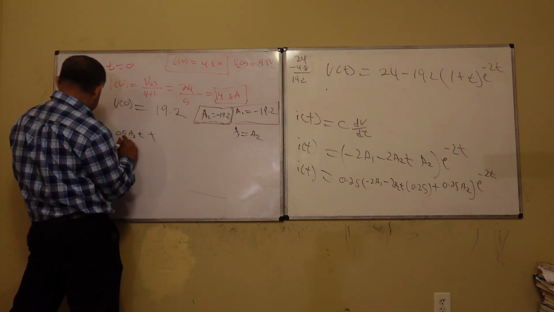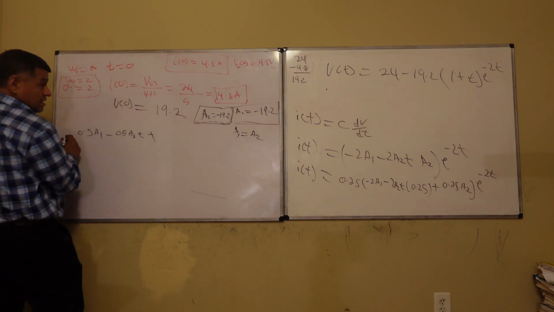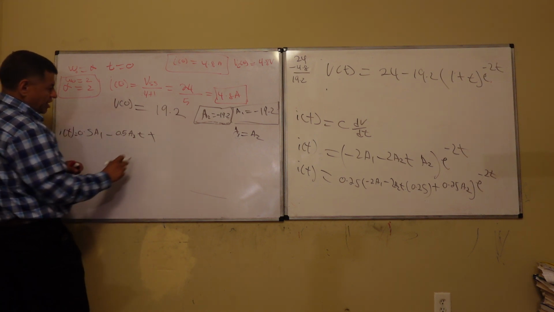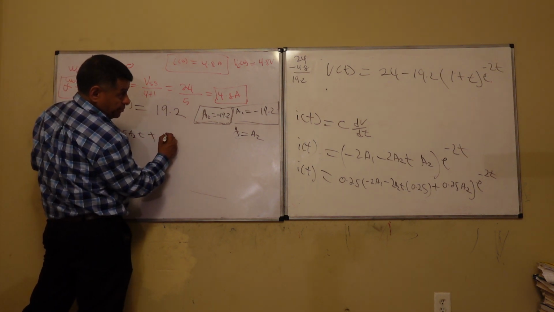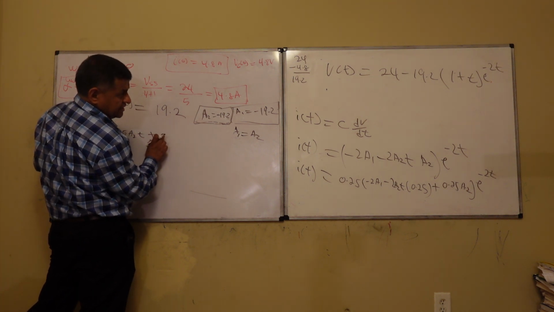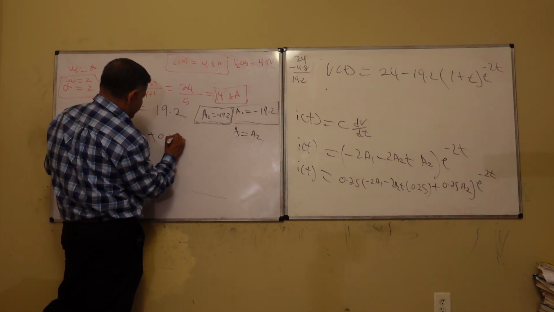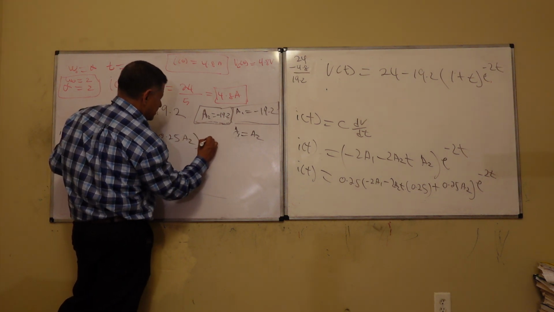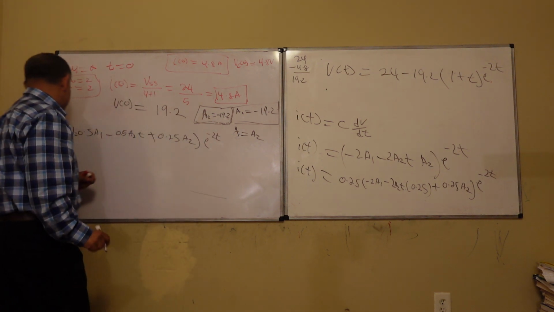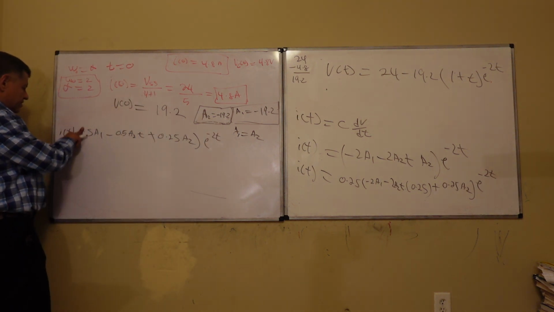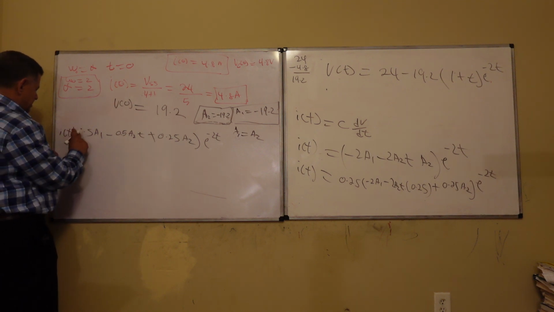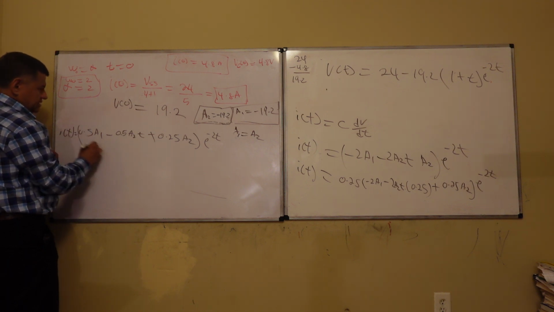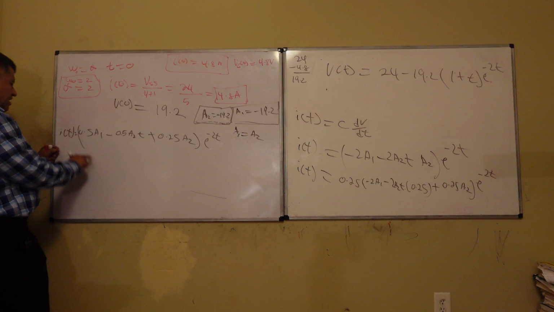Plus, I of t is equal to that, plus in this case it's going to be 0.25 A2, and everything to the t. Notice that everything right here is to that.